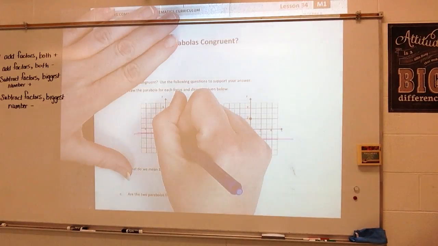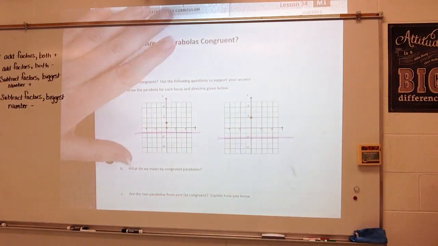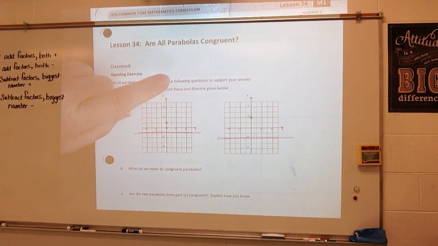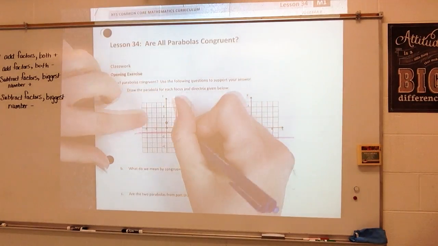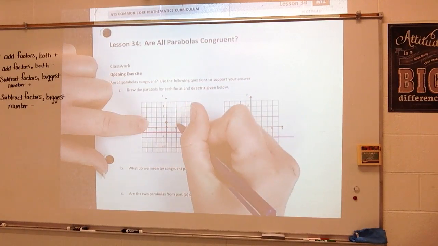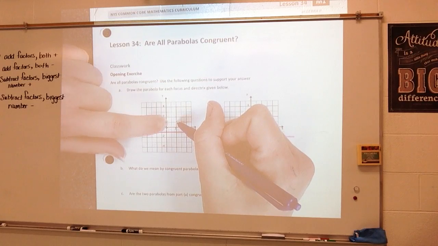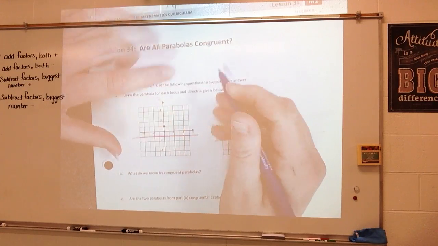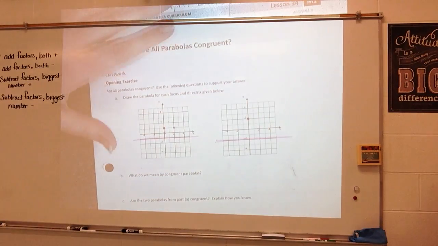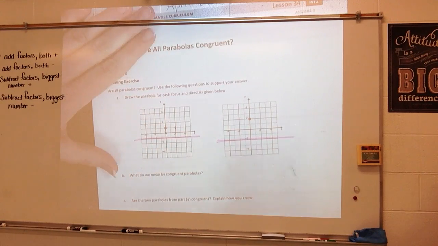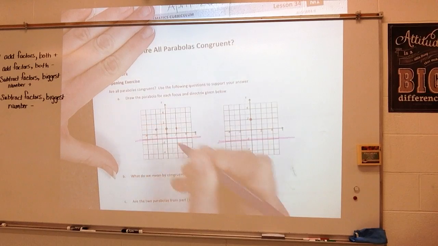So I know that I'm going to have a point here for my parabola. Next, if I want to put a point 2 away from the focus point, it has to be 2 away from the directrix. And I can go over here and do the same thing.